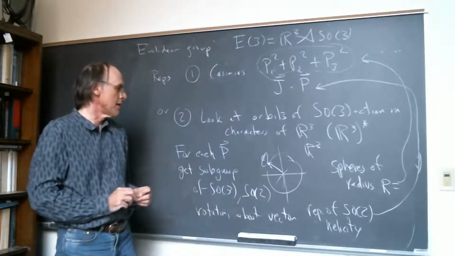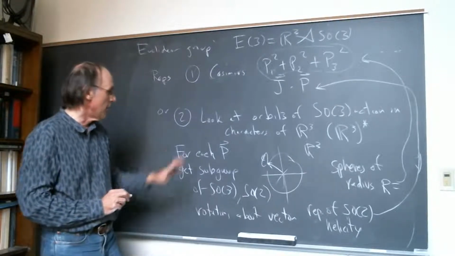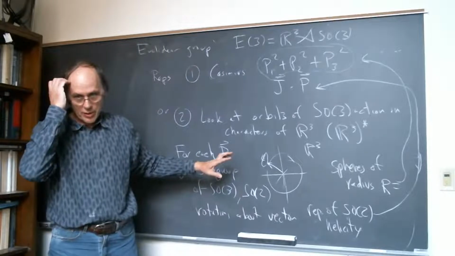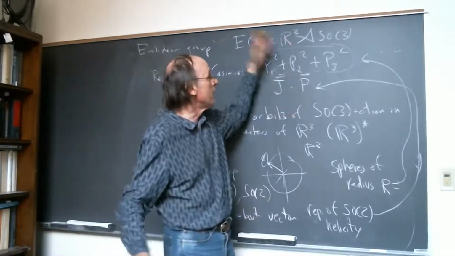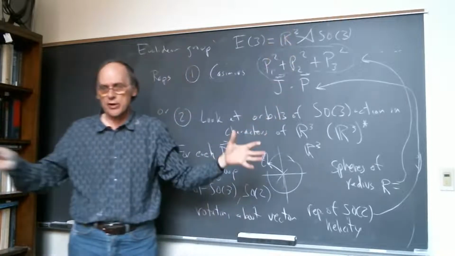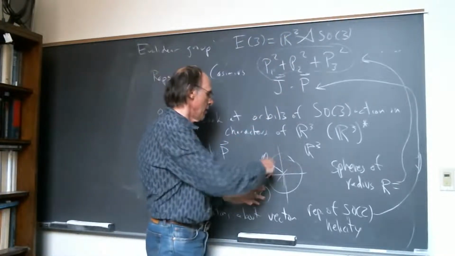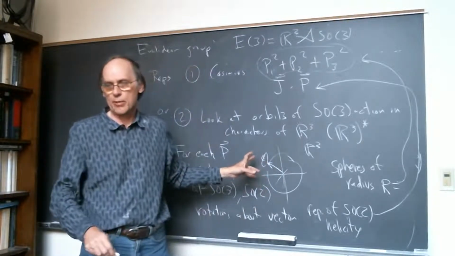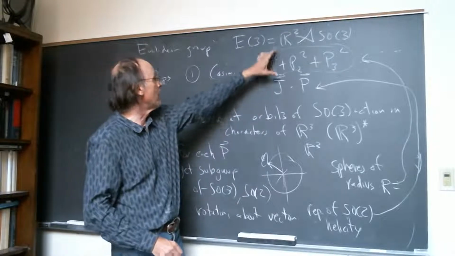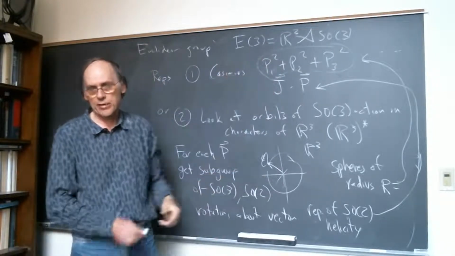This was the general story, and there's a similar story in any dimension. If you go to higher dimensions, the story about stabilizer groups and their representations gets more complicated, and the story about Casimirs gets more complicated. But it's the same philosophy.